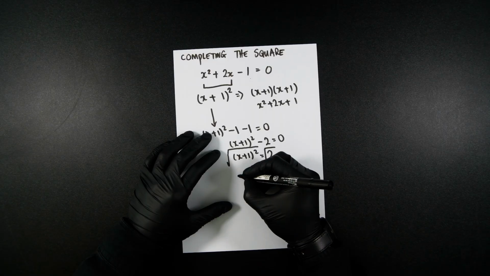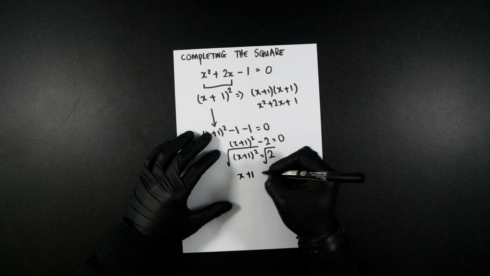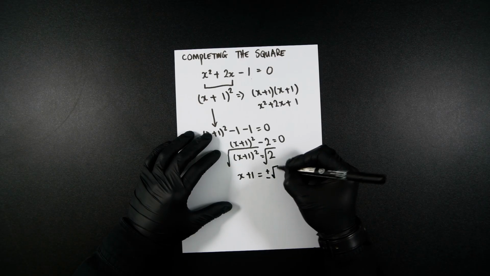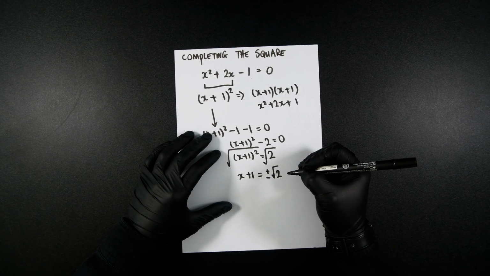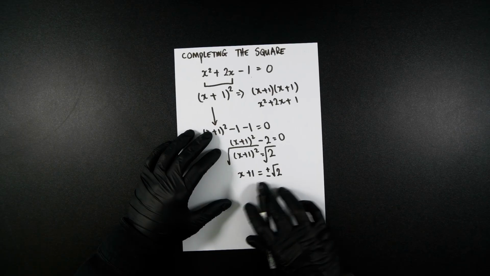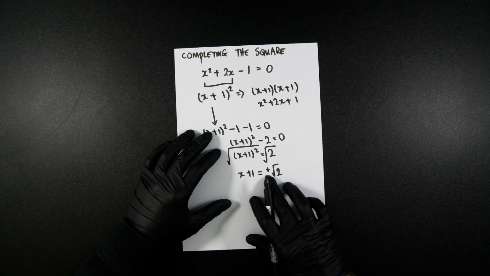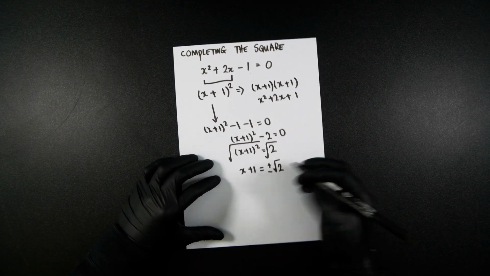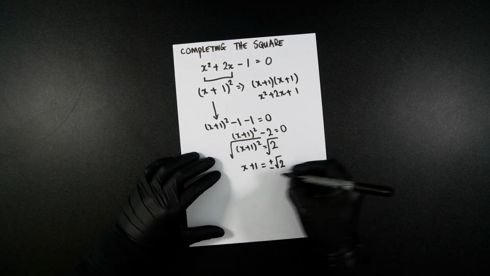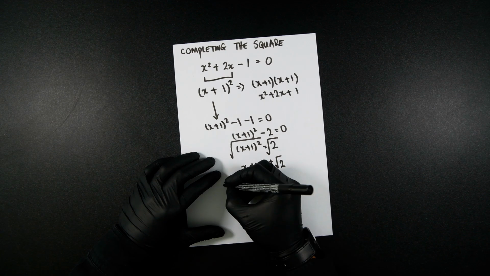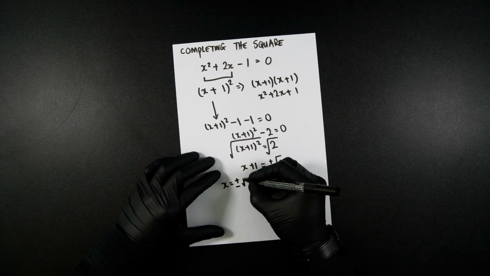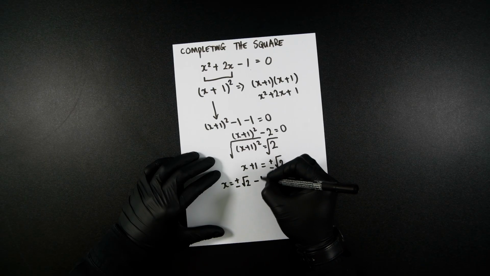So that would then become x plus 1, and this would be plus or minus square root of 2. That means that we'll have two solutions for x, one where the surd is positive and one where the surd is negative. So both the solutions, once we've subtracted 1 from both sides, would be x equals plus or minus square root 2 minus 1.